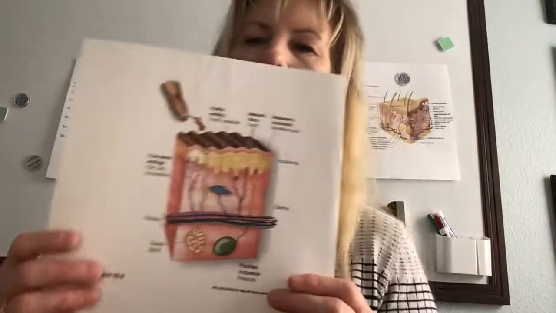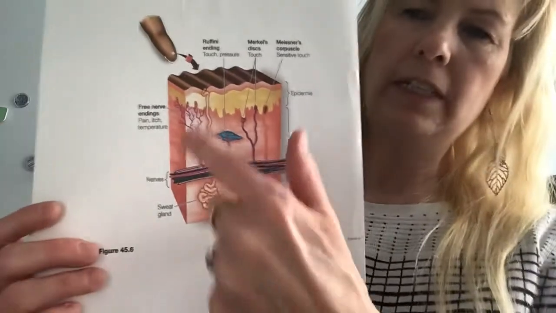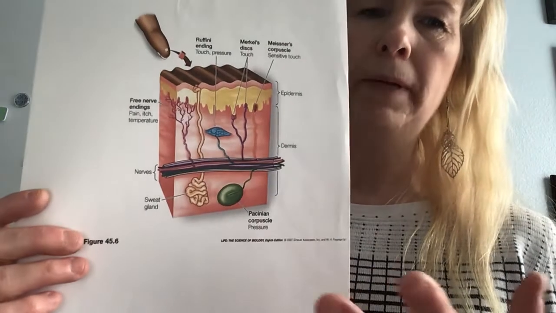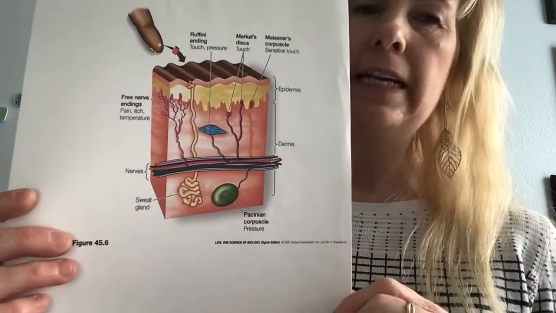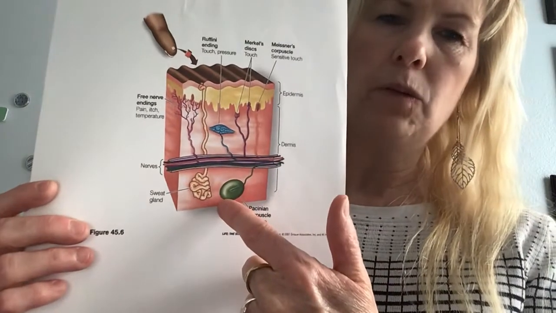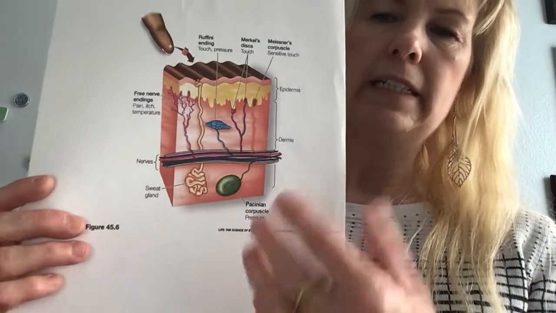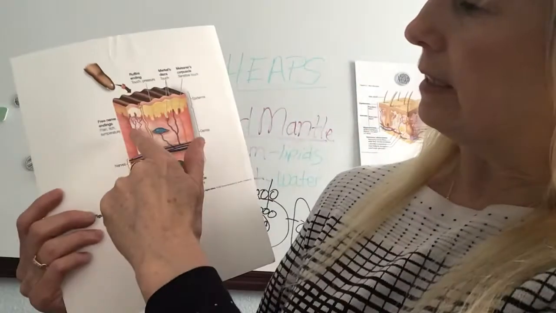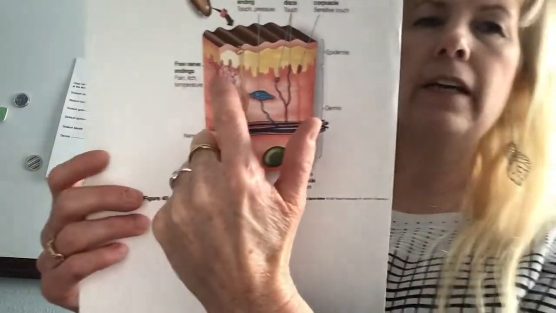I'm going to show you some of those. For instance, here in this picture, you can see the Ruffini's corpuscles. They detect touch, pressure, and heat. Here's a Pacinian corpuscle, and they detect pressure and weight. Here you can see a free nerve ending.